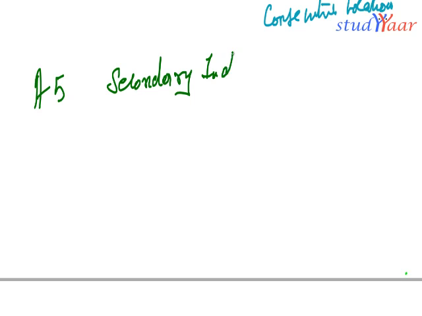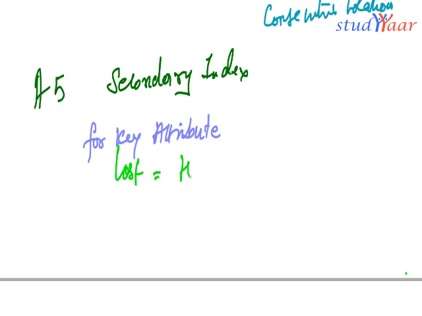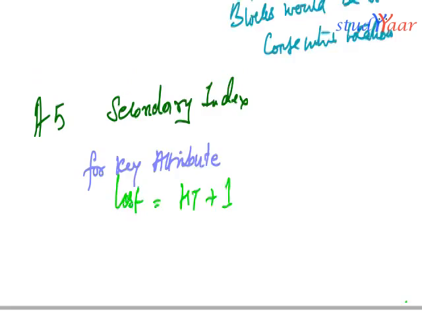If I have a secondary index on the search key, then in that case, if the attribute is a key attribute or a candidate key, since there can be only one record with a particular key value, my cost is going to be height of the tree plus one block access to reach that particular record.